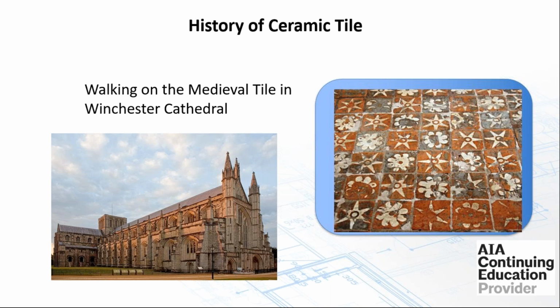Going into Europe and taking a look at Winchester Cathedral, I've had the opportunity of being there on a couple of occasions. You look at the age of these floors and the beauty of the tile and stone that's used in there. And again, in between those tiles and stones is a grout, definitely a different type than what we use today, but yet it is there protecting the tile and the stone, a continuous installation.